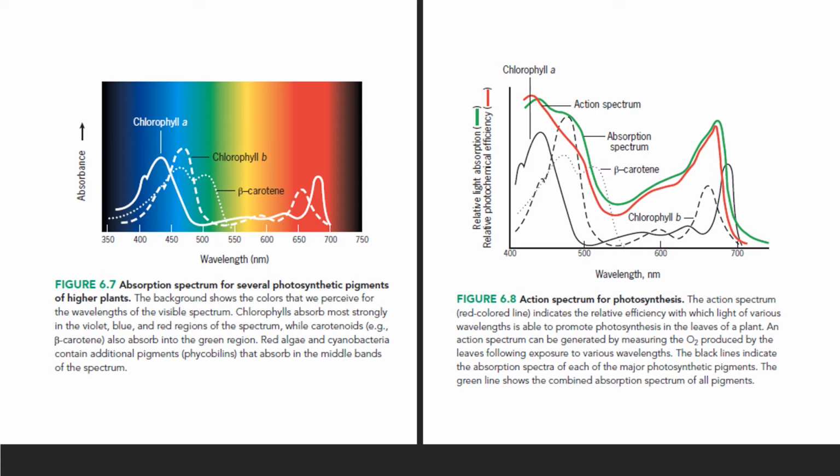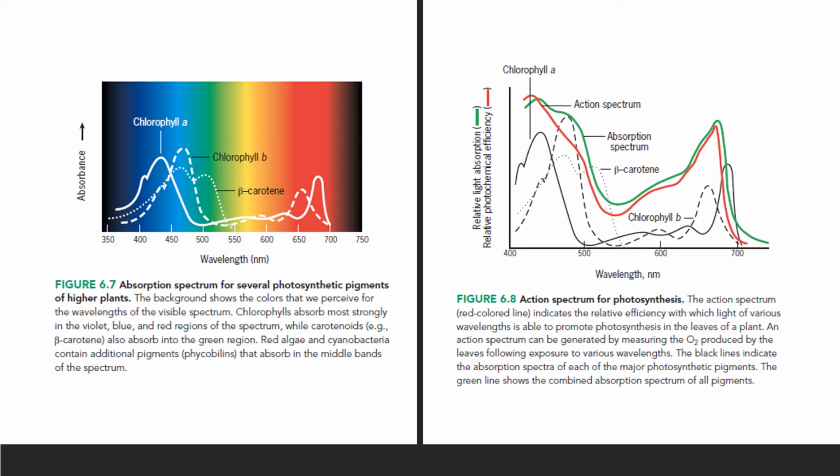The chlorophylls absorb most strongly in the violet, blue, and red regions of the spectrum, while the carotenoids also absorb into the green region. And then red algae and cyanobacteria contain additional pigments like your phycobilins that absorb in the middle bands of the spectrum.